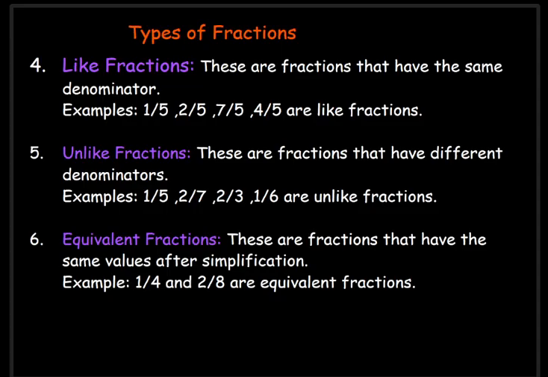And then equivalent fractions. These are fractions that have the same values after simplification. Later on we'll look at simplifying fractions, so we'll understand the concept better then. But what you should note is that 1 over 4 and 2 over 8 are equivalent fractions.